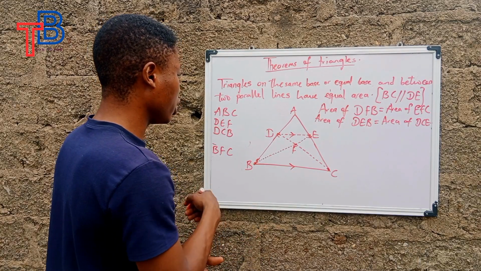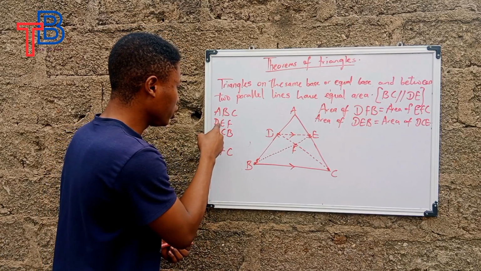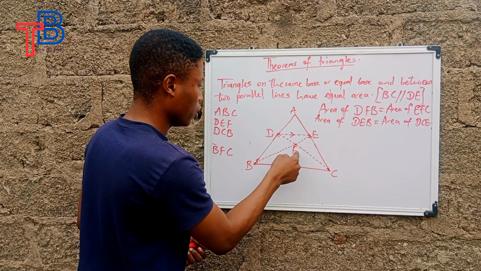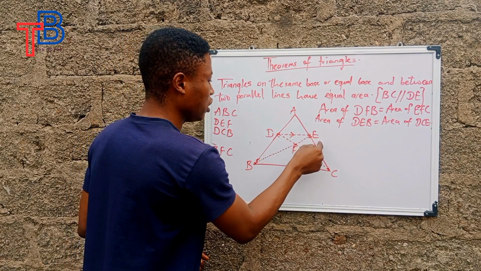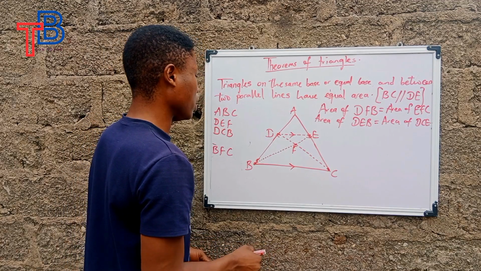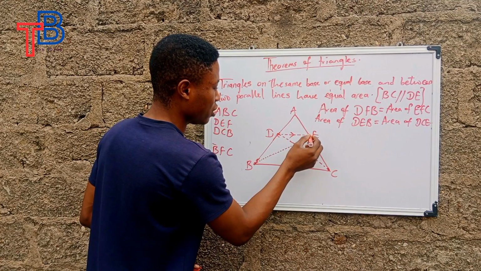Now let's continue. Which other triangle do we have here? Triangle DEF. Okay, we have triangle DEF here. Which other triangle shares the same base with it? No, there is no other triangle that shares the same base with it because it has this, this, and this.